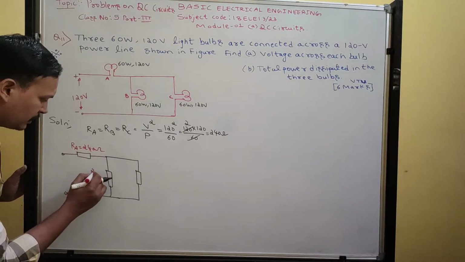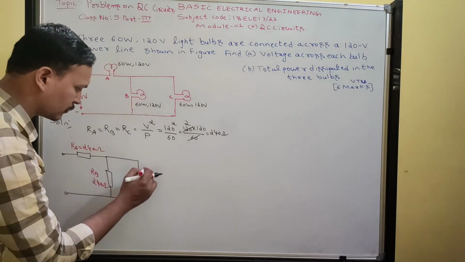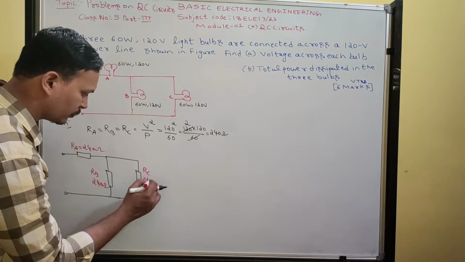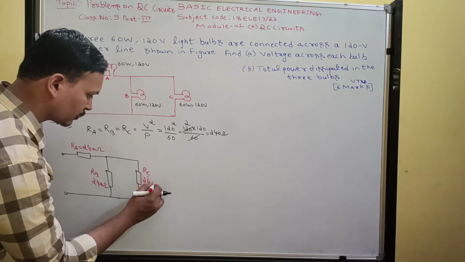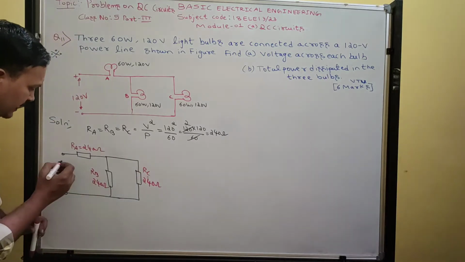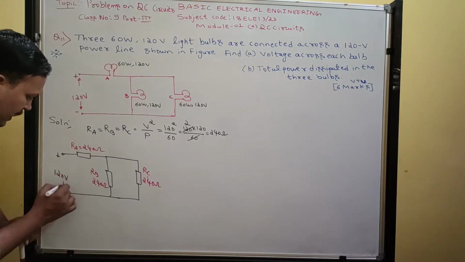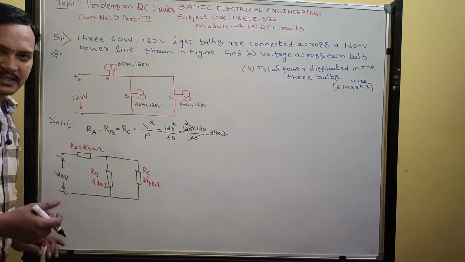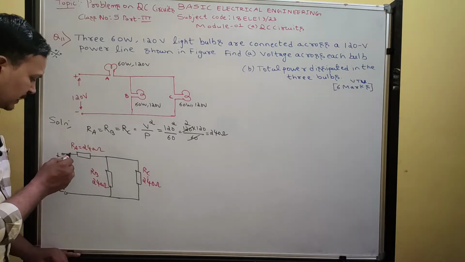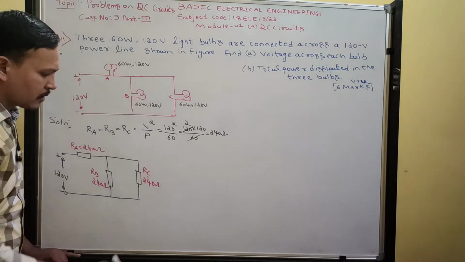The resistance of bulb B is also 240 ohms, and the resistance of bulb C is also 240 ohms. Now it is connected across the 120 volt power line. Once we know the current in this, then we can find the voltage across each bulb.